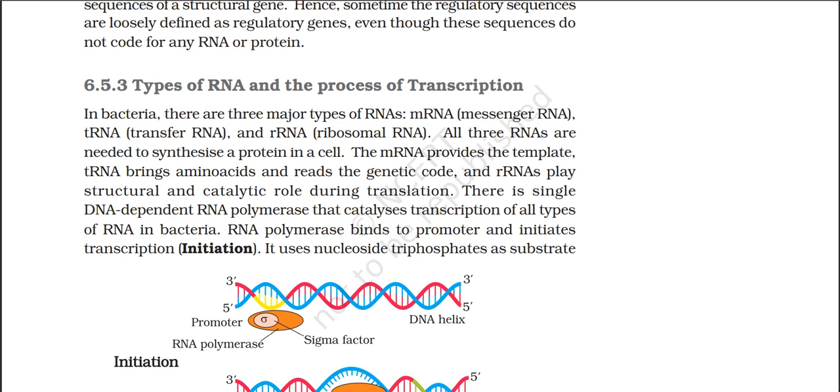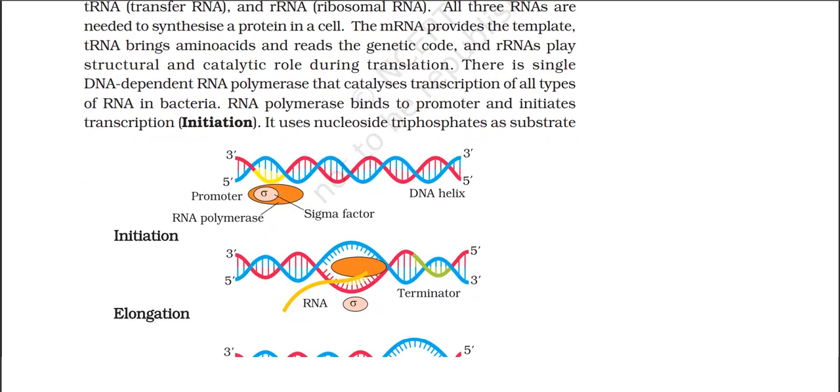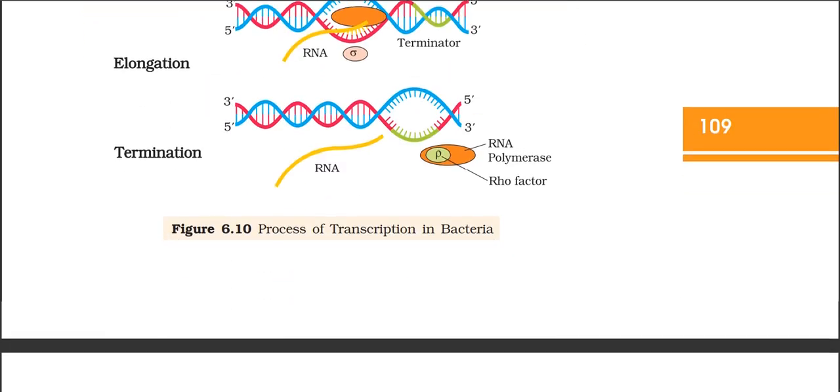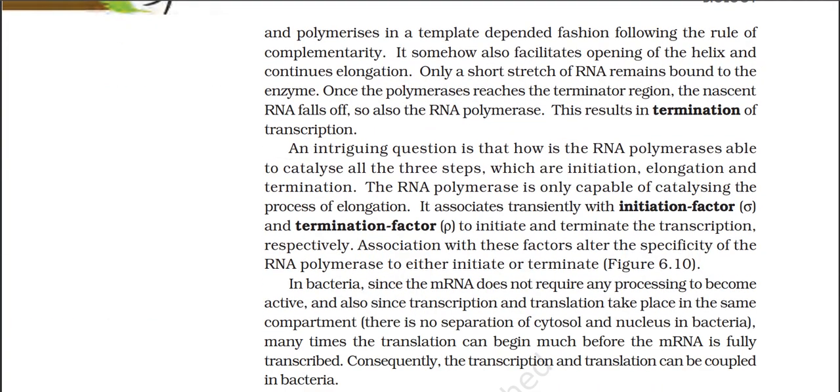There is a single DNA-dependent RNA polymerase that catalyzes transcription of all types of RNA in bacteria. RNA polymerase binds to the promoter and initiates transcription, which is initiation. It uses nucleoside triphosphates as substrate and polymerizes in a template-dependent fashion following the rule of complementarity.